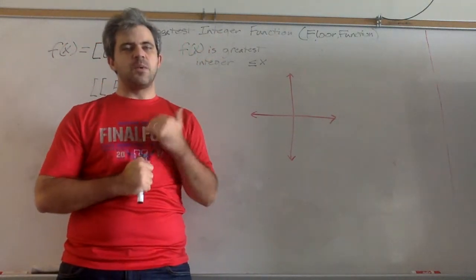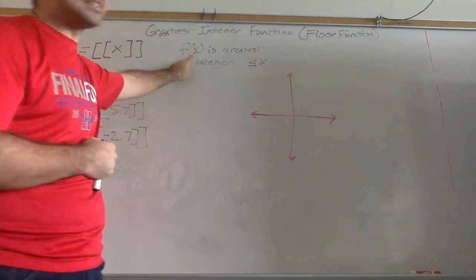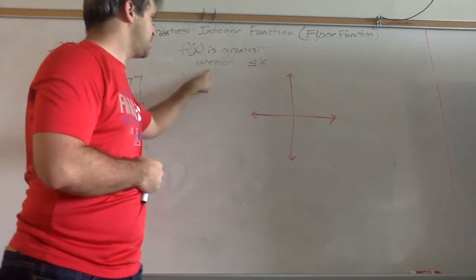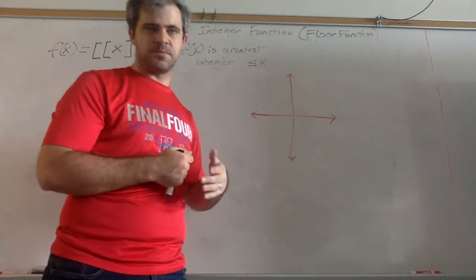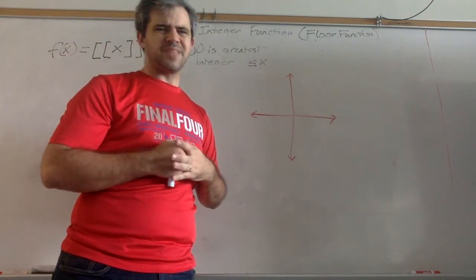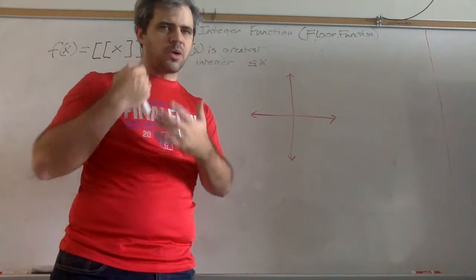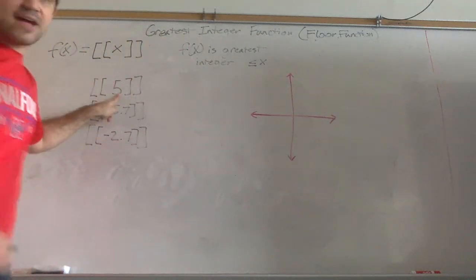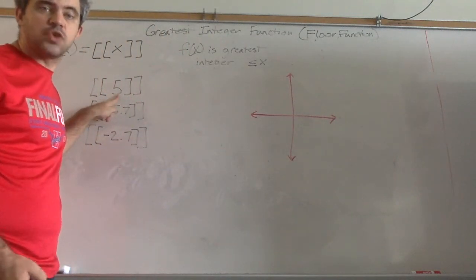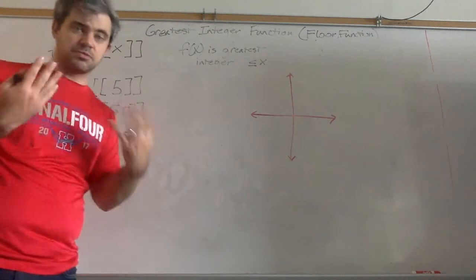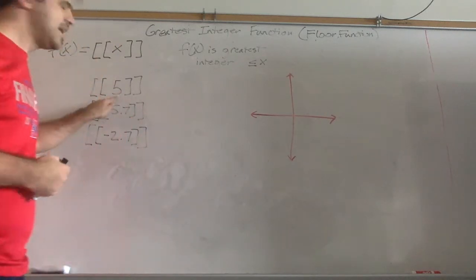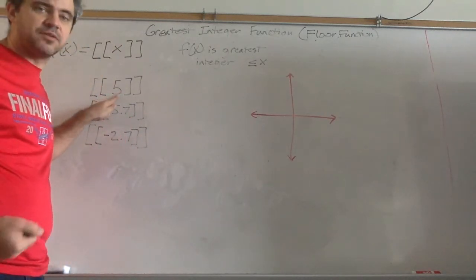But basically what this says is that f of x is the greatest integer less than or equal to x. And you might sit there and say, what? So, for example, 5: what is the greatest integer, greatest whole number, less than or equal to 5?